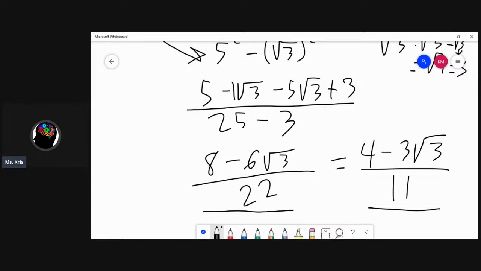If the question says completely simplify to the lowest term, this would be your answer. If the question just simply says simplify or use a conjugate to rationalize a denominator without saying simplify to the lowest term, this will be your answer and it is acceptable.